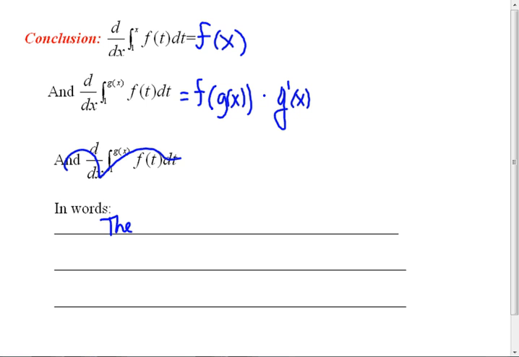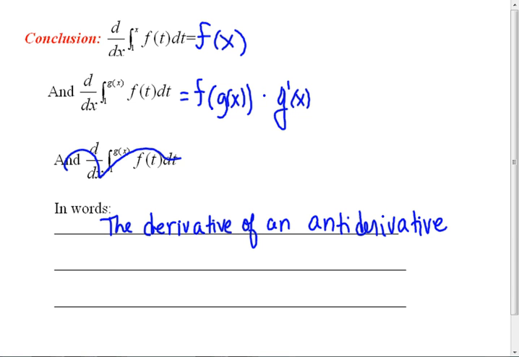The derivative of an antiderivative is the function evaluated at the upper limit.